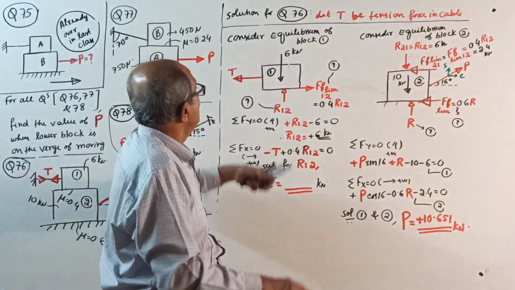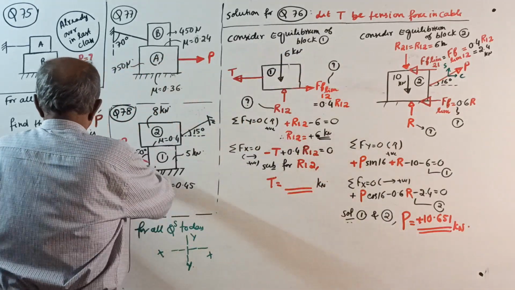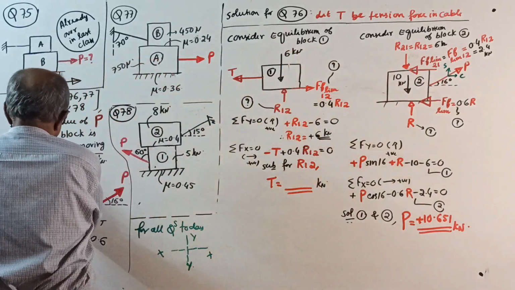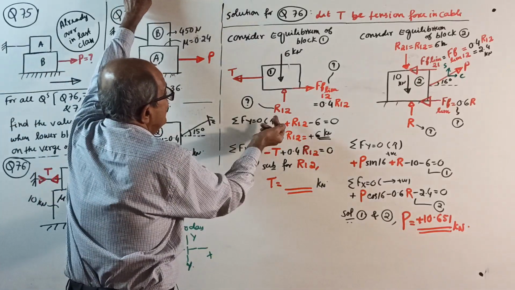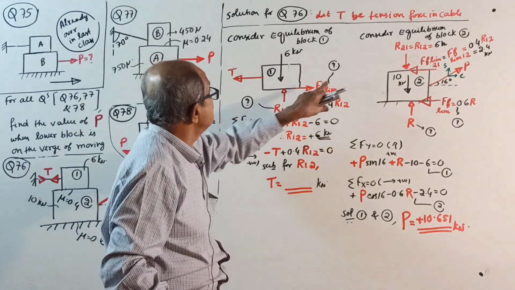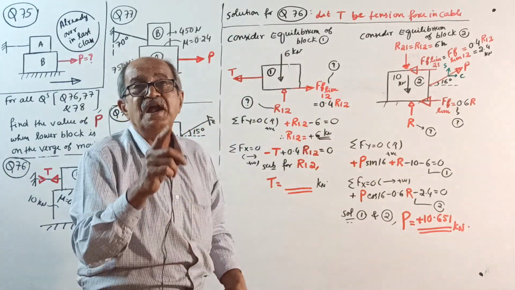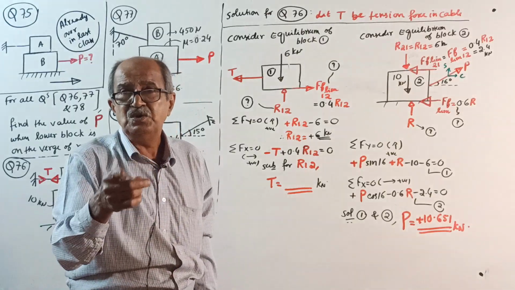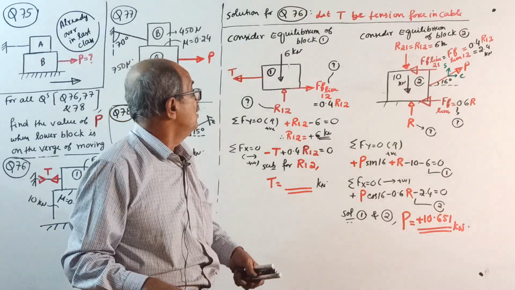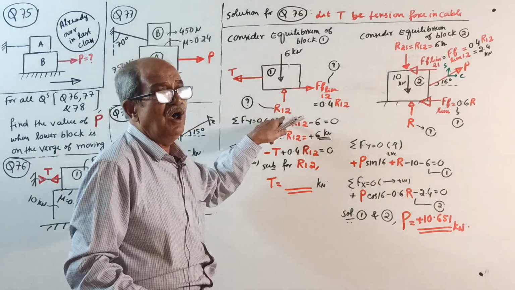Okay, now, see, upper block. Weight 6 kN down. Tension T, this one. And then R12. You have to write the statement. Last class I told you, go to previous class, see what I told you. Last time it was RAB or RBA.